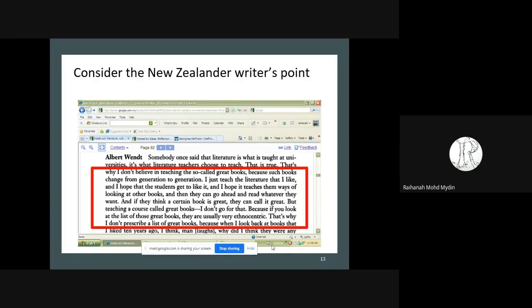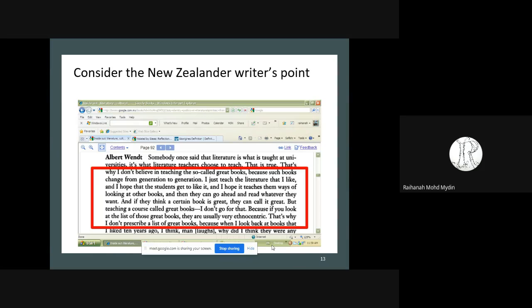Now think about this idea by Albert Wendt, a New Zealand writer and teacher of literature. Check out his point of view. I'm looking at the quote within the red box. "I don't believe in teaching the so-called great books because such books change from generation to generation.